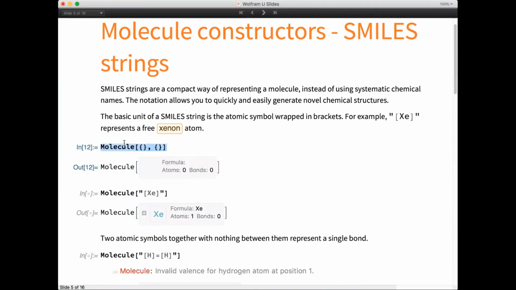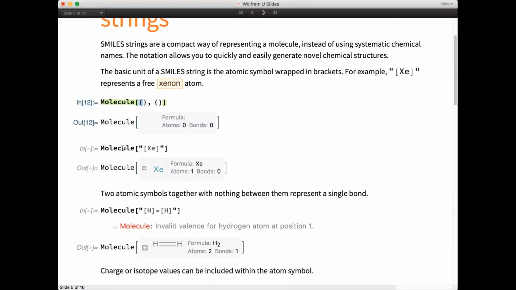You want the data structure to behave the same for an atom count from 0 on up to however much memory you have, right? And so a molecule here with xenon wrapped in square brackets corresponds to a single lone xenon atom.